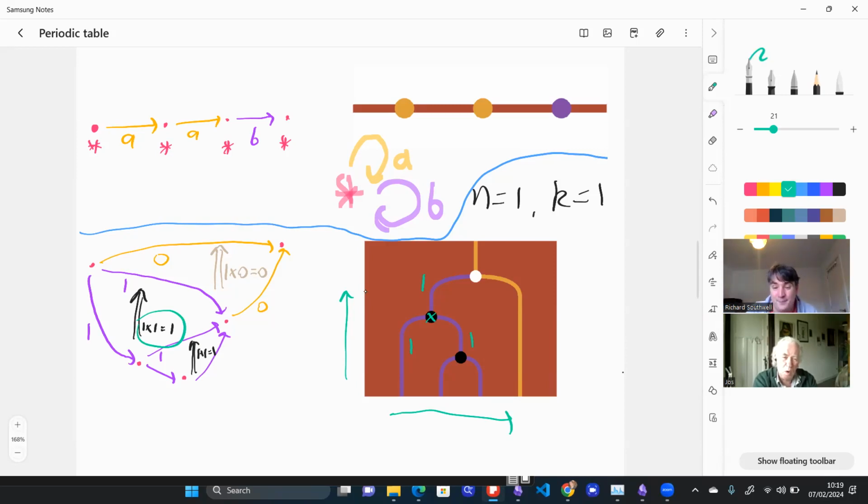You could also call one of them true and the white one false. That's exactly right. So we could say this means true, and the yellow means false, and instead of times, this could be and.